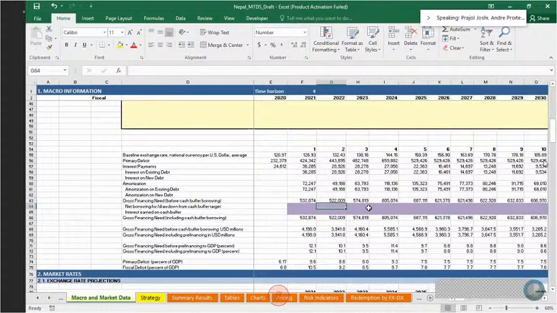It is also important not to cause any surprise in the gross financing needs for the authority.